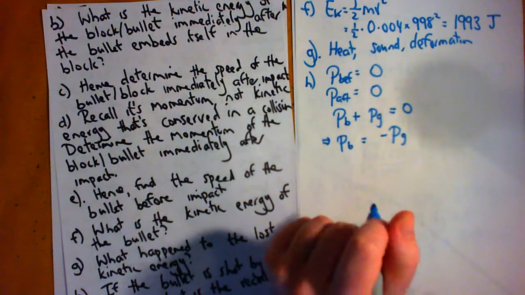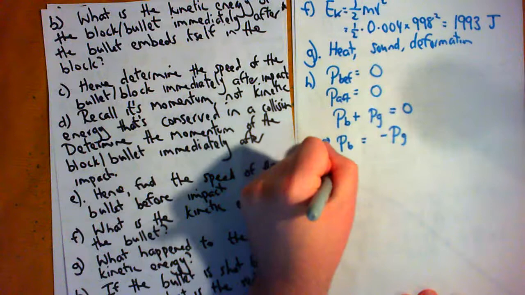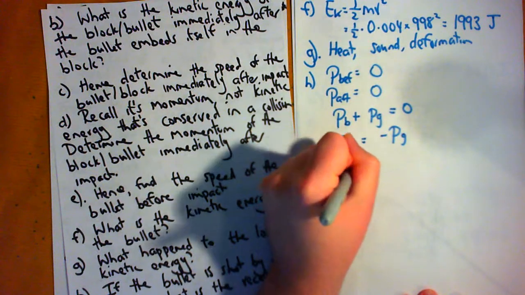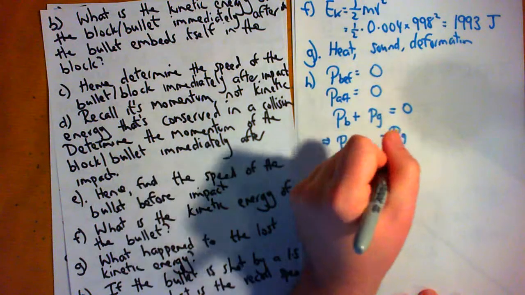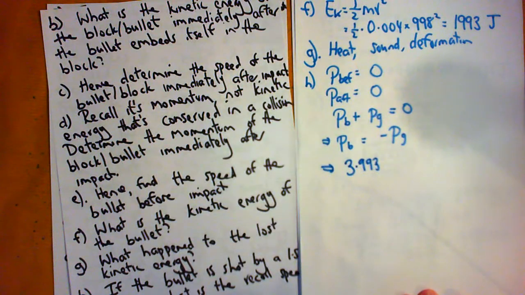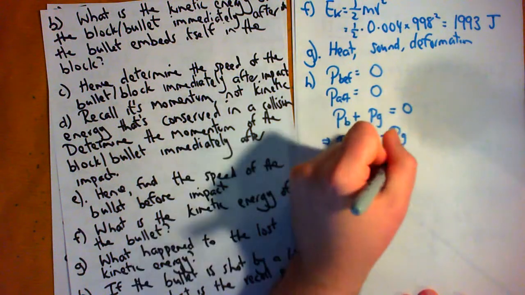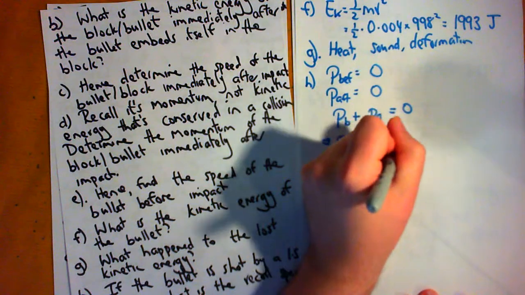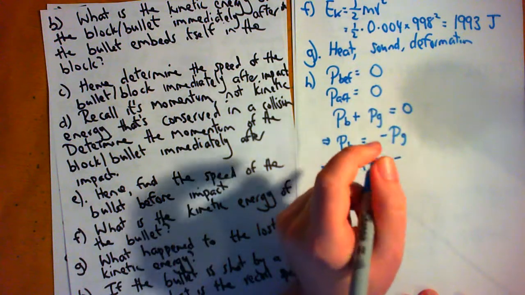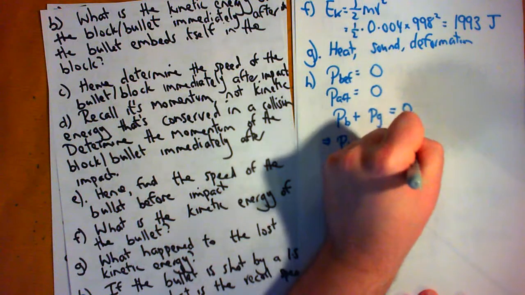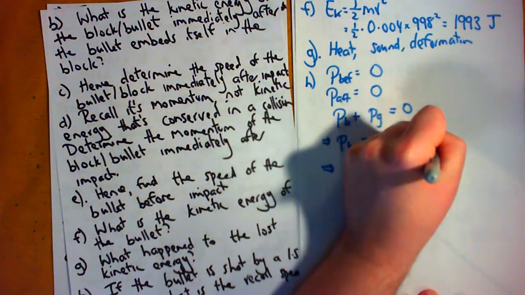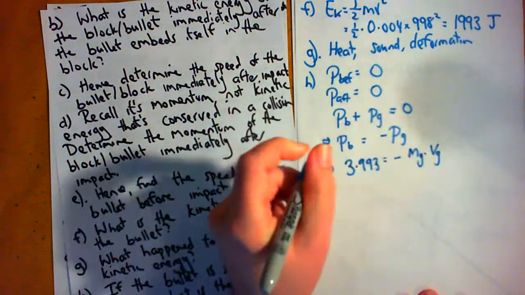Momentum of the bullet we've already previously found to be 3.993 kilogram metre per second. We found that in part D of the question, equals minus the momentum of the gun. So the momentum of the gun is going to be the mass of the gun multiplied by the recoil speed of the gun.